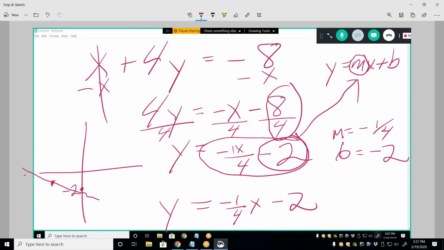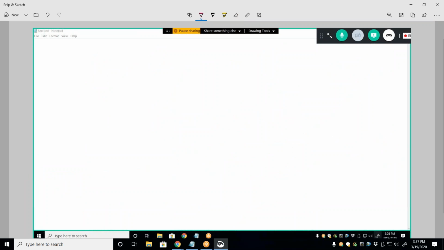Whoops, meant to go through that dot. And is that a negative slope? Always check. Put a ball on it, it rolls downhill, therefore it's negative. Downhill is negative. All right. That's a good one.